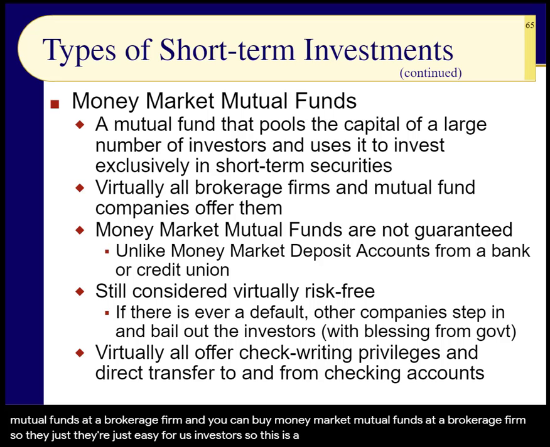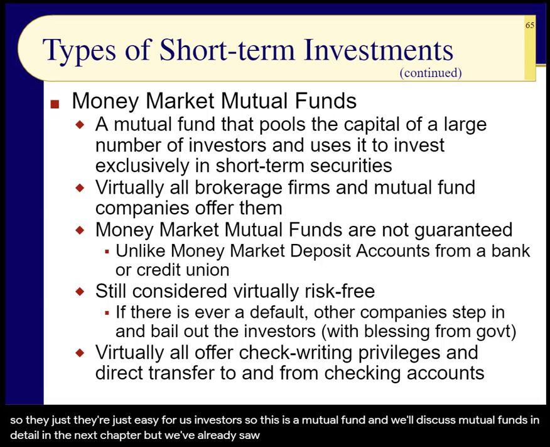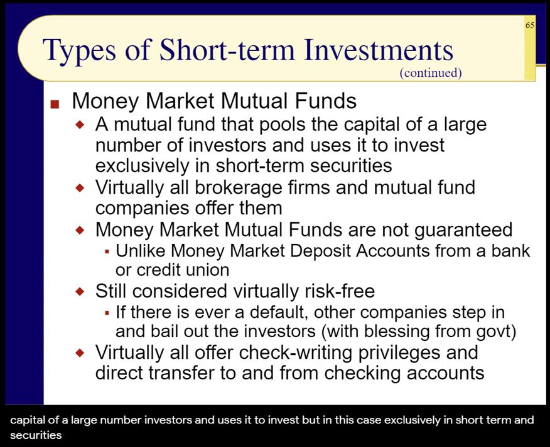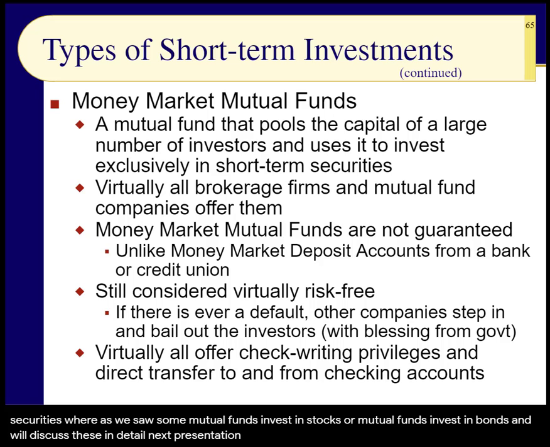This is a mutual fund, and we'll discuss mutual funds in detail in the next chapter, but we've already seen that a mutual fund is an investment that pools the capital of a large number of investors and uses it to invest, but in this case, exclusively in short-term securities. Whereas we saw some mutual funds invest in stocks, some mutual funds invest in bonds, and we'll discuss these in detail next presentation. But virtually all brokerage firms and all mutual fund companies offer them.